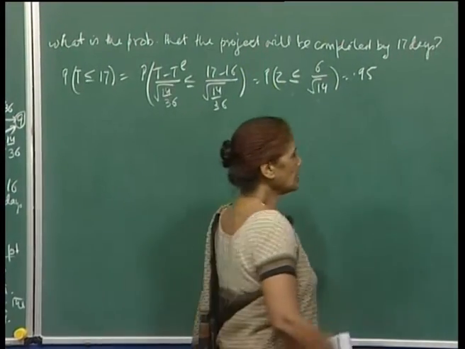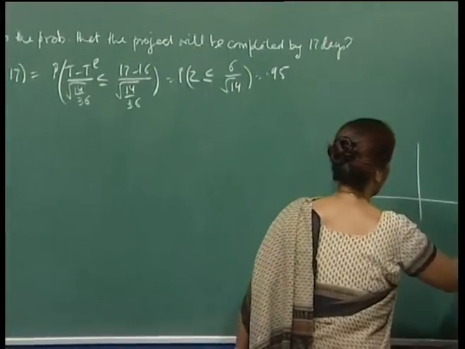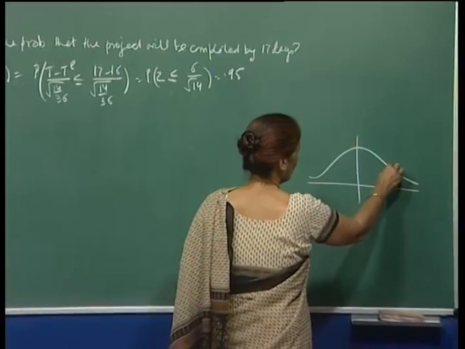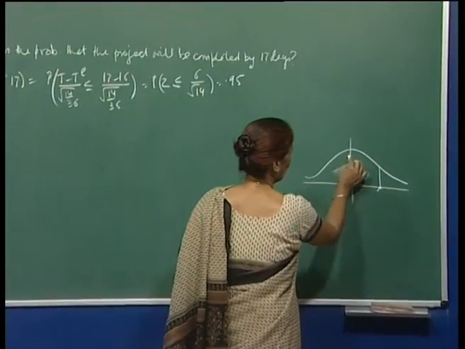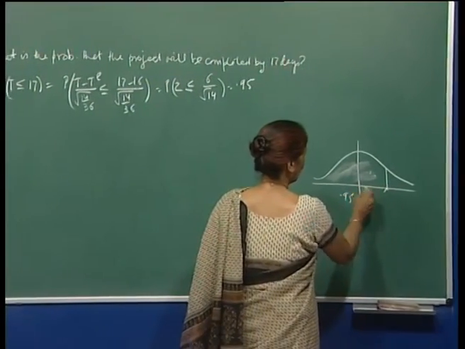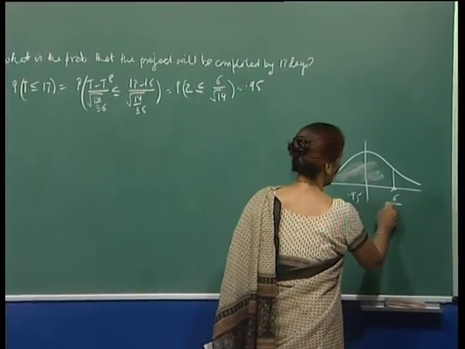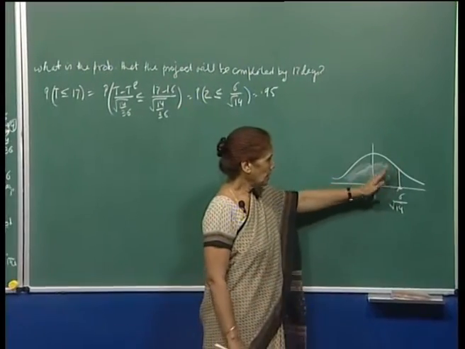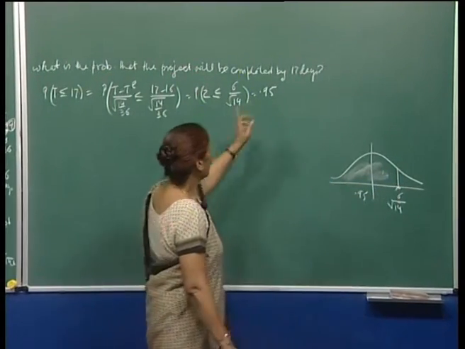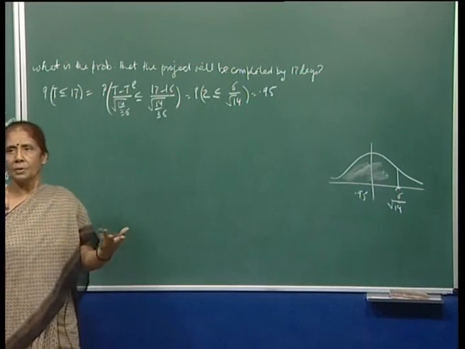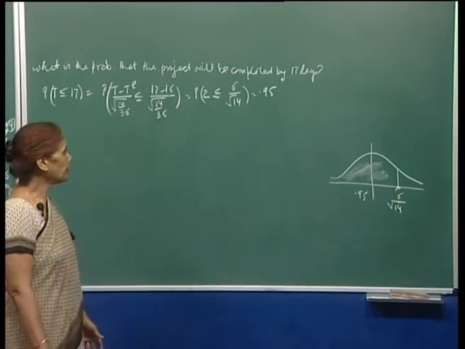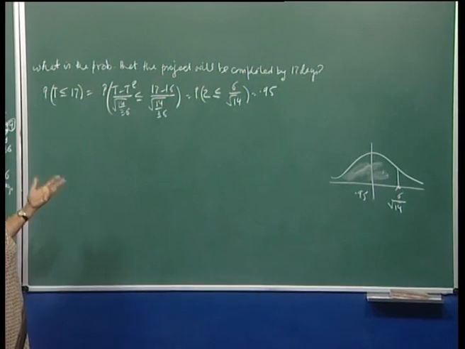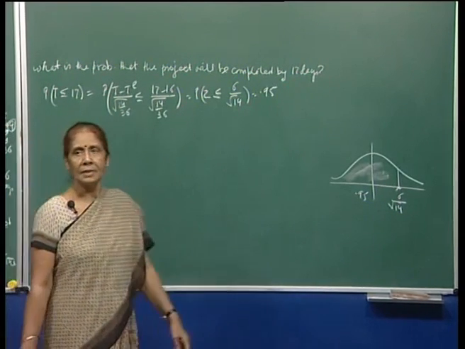That means this is the area equal to 0.95. If this number is 6 upon root 14, the tables give you the area under the curve up to that point. So that is 0.95, which is a good probability, and therefore the management can say with confidence that there is a probability of 0.95 that the project will get completed by 17 days.